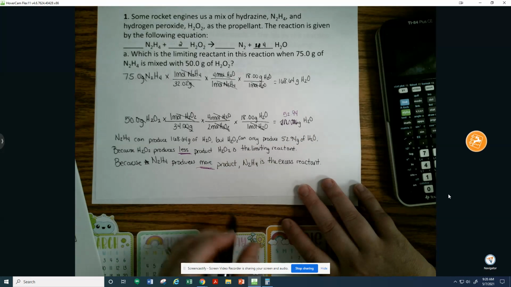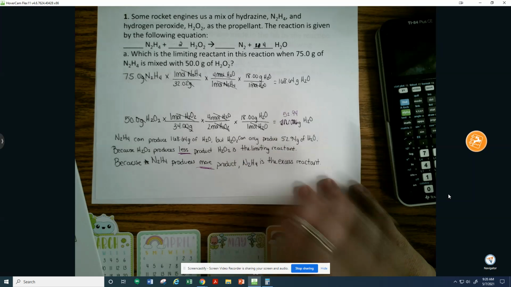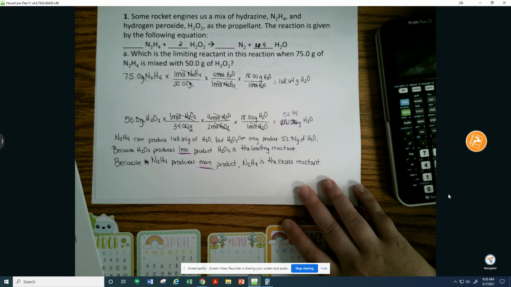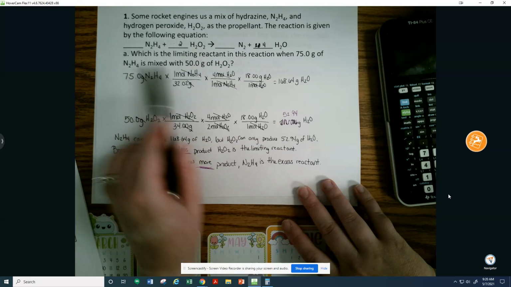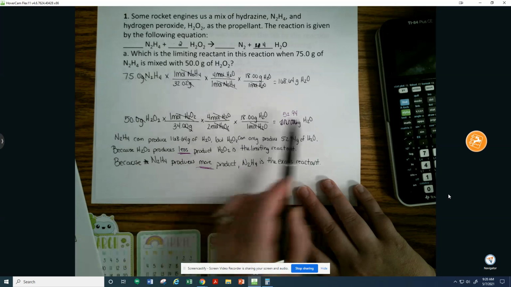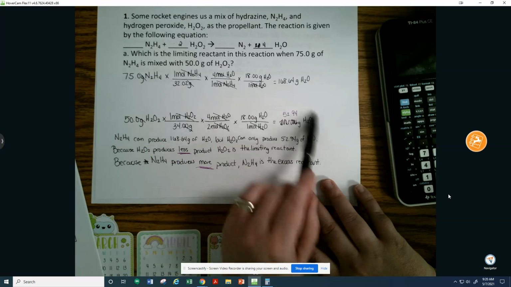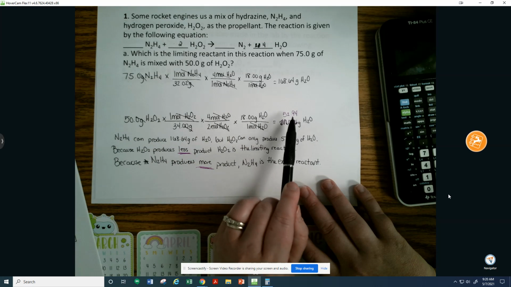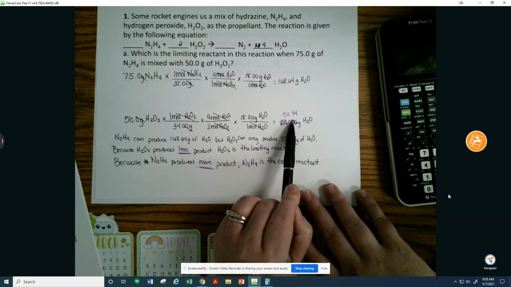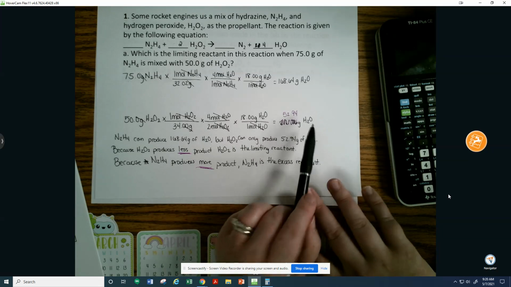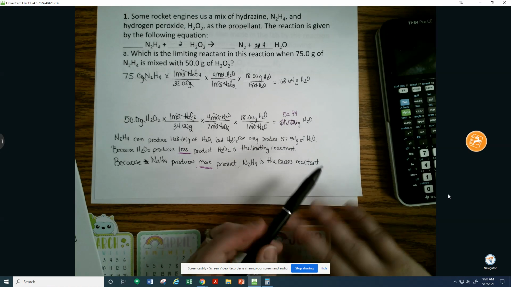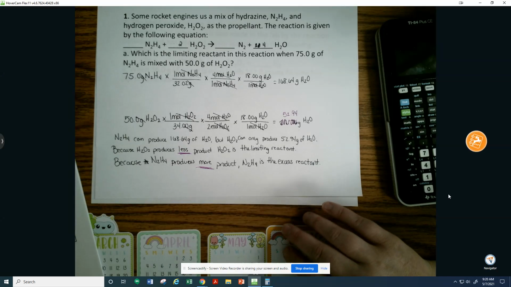So again, just like the seats here, we had 2 seats get used up. There were 6 seats left over because of the scenario with the tires. So there's hydrazine left over after this because, again, it will only get utilized to the point of we can make up to 52.94 grams of water, just like we can only make 2 trikes. And then after that, there's still going to be hydrazine left over because of the stoichiometric ratios here.